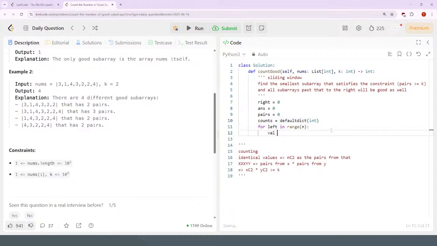So say the value is equal to the nums at right.